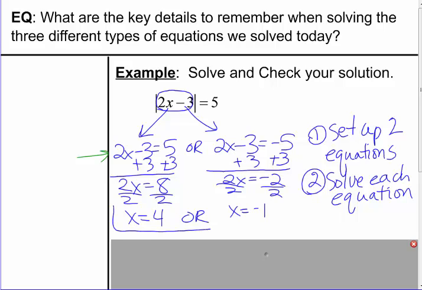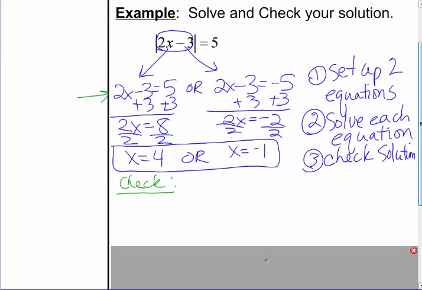And then we want to check our solution. So you have to check them separately. You have 2 parts. So check the x equal to 4 piece, and then we'll check the x equal to negative 1 piece. So x equals 4. Start with your equation, absolute value 2x minus 3 equals 5. The 4 becomes the x. So absolute value of 2 times 4 minus 3 equals 5. So we're checking to see if it equals 5 or not.